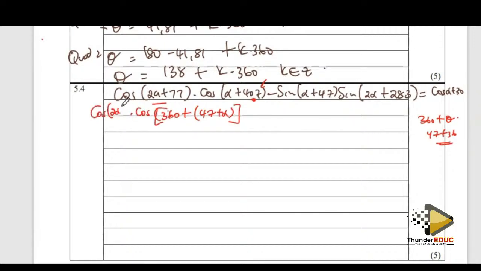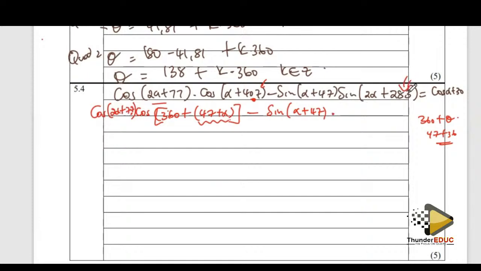I'll keep my 2α plus the 77. When I reduce that, I'm only left with cos of this, and I keep the α and the 47.